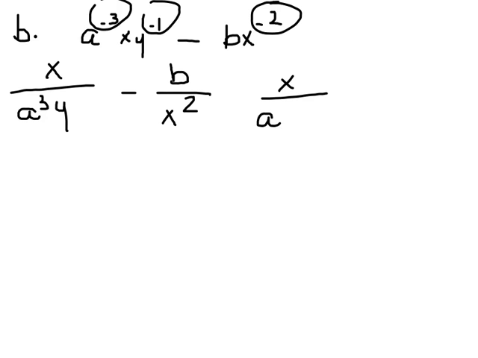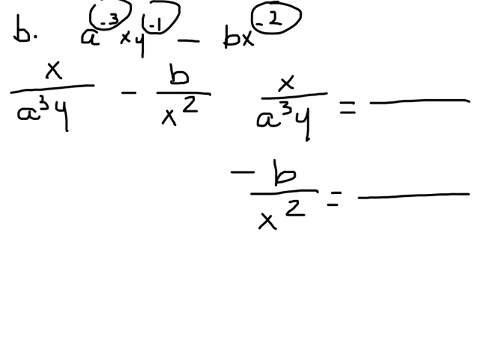A cubed y equals what? And minus b over x squared equals what? So my common denominator is going to be x squared a cubed y.